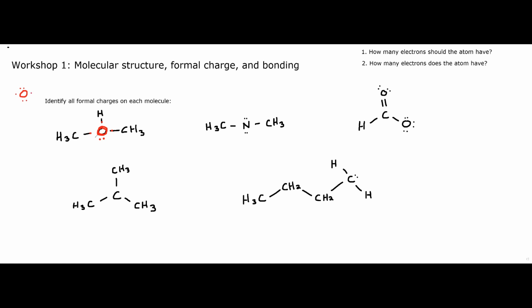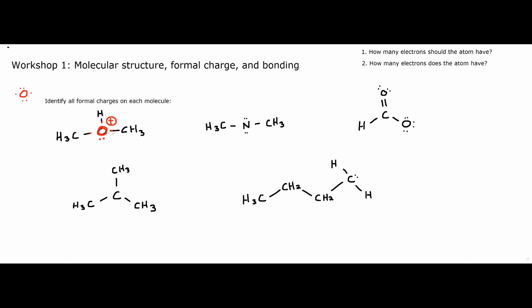And if you don't recall that, you can go all the way back to the periodic table, look up oxygen, see it's in group 6A, which means it has 6 valence electrons. So oxygen should have 6. Here it has 5, so it's missing an electron. So this oxygen has a formal charge of +1. It has a positive formal charge.